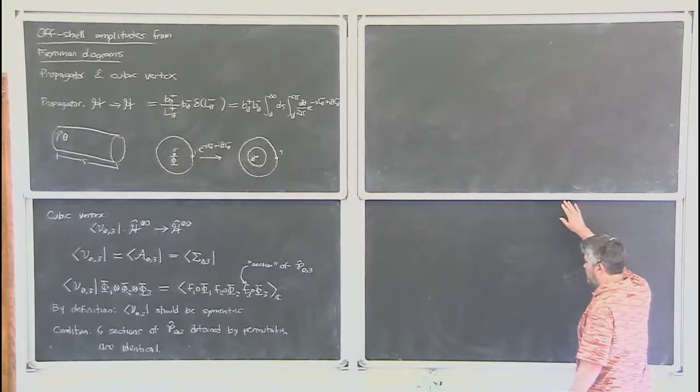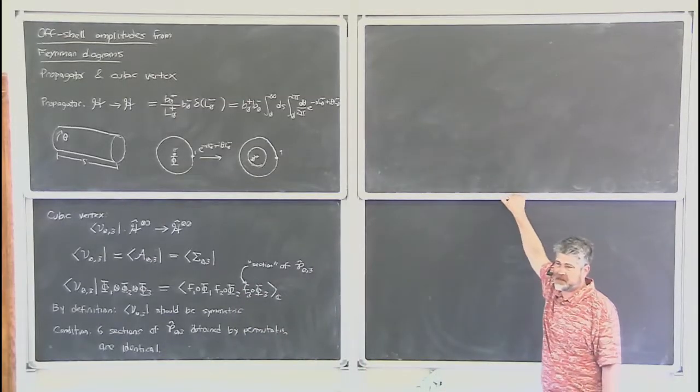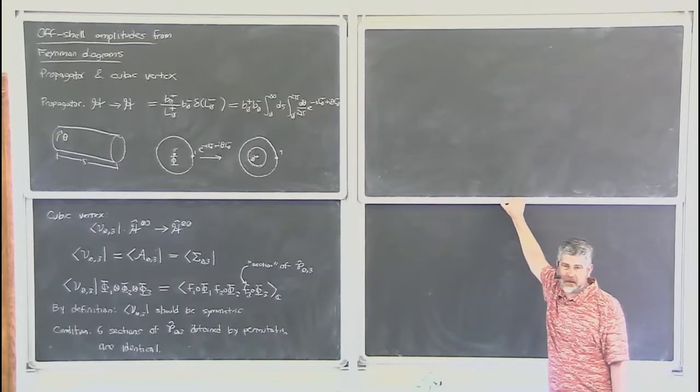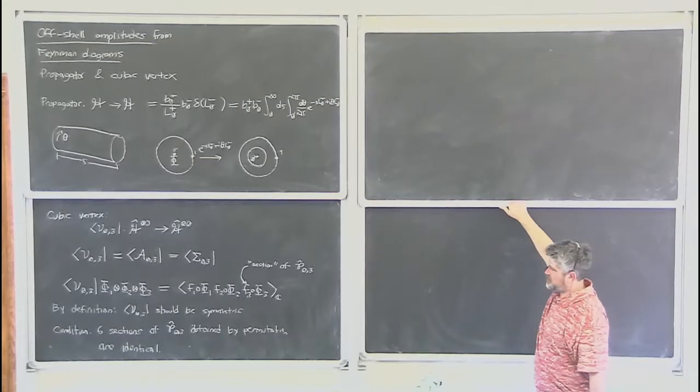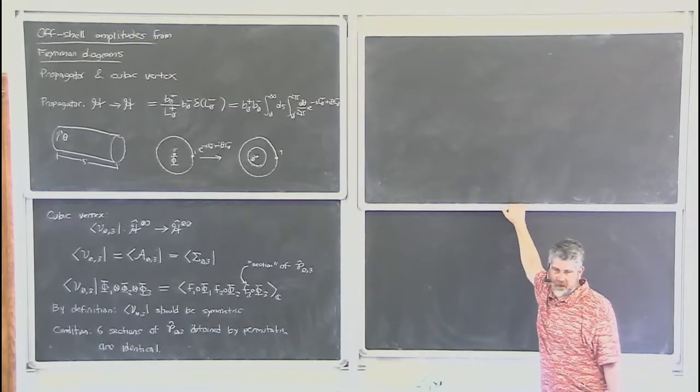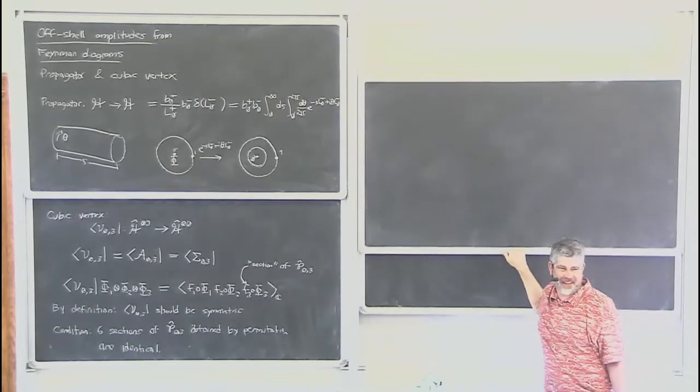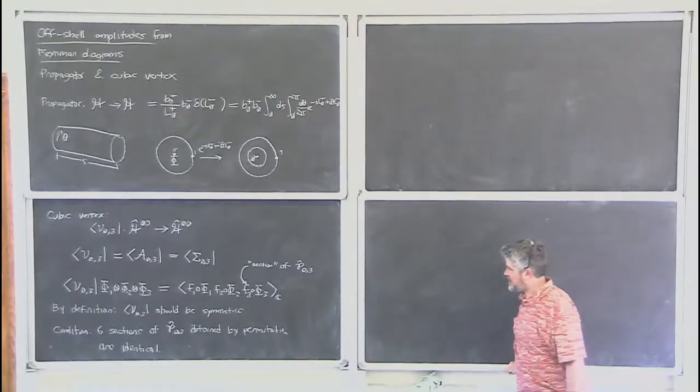So this is not proving anything. I'm just telling you what people do, and just the belief that if you choose something that's not symmetric, it's just going to make your life more difficult, because you just have to keep track of more things.